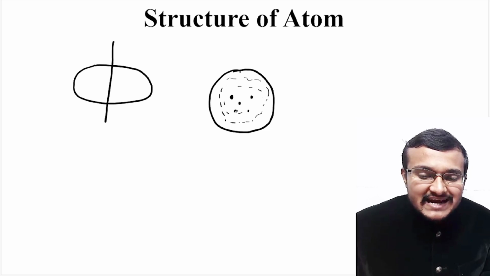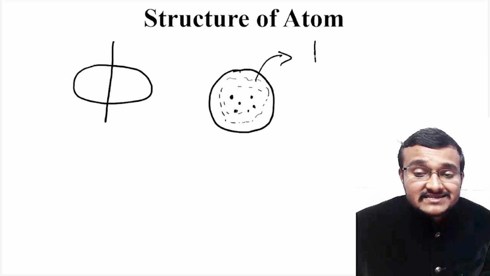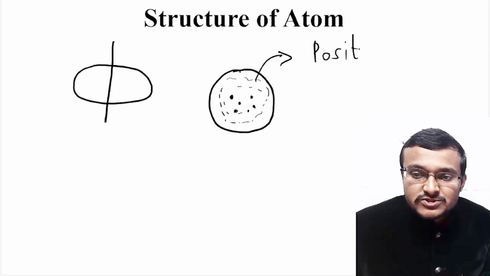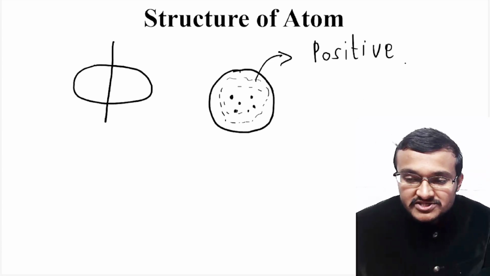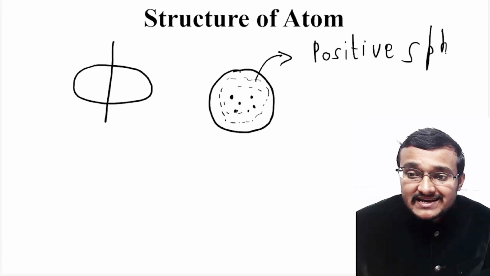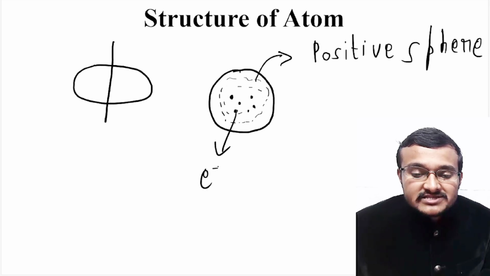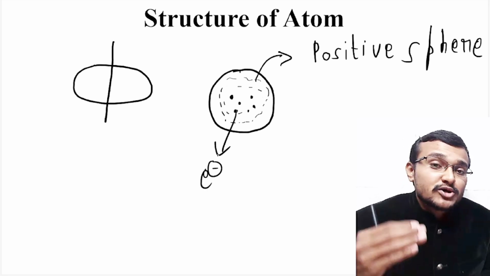By looking at this, you can imagine this red color matter, or the entire watermelon which you are seeing, as a positive sphere. Inside that positive sphere, there are electrons which are balancing out the positive charge.